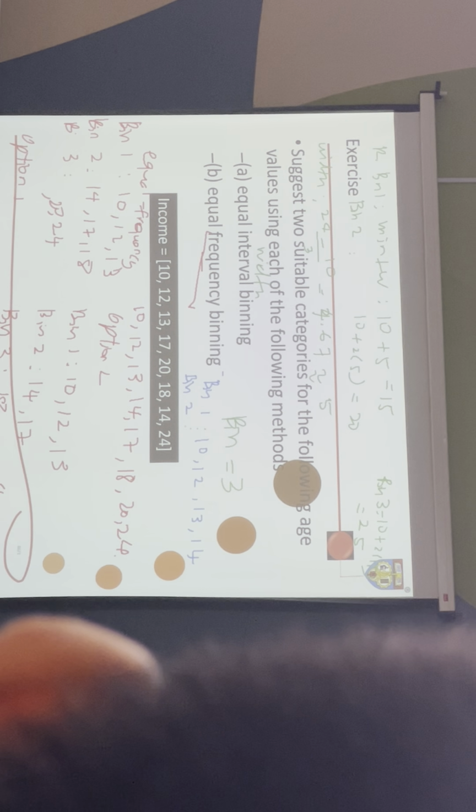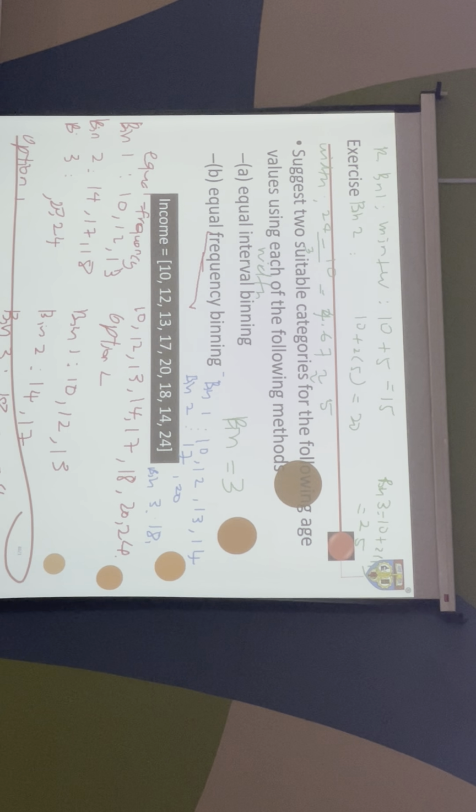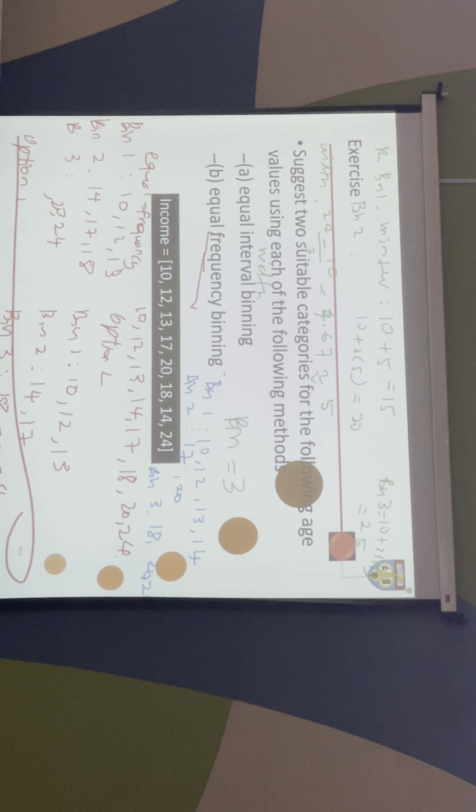Bin 2: 17, 20. So bin 3: 18, 20, 24. This one is for equal interval. But right? Wrong?